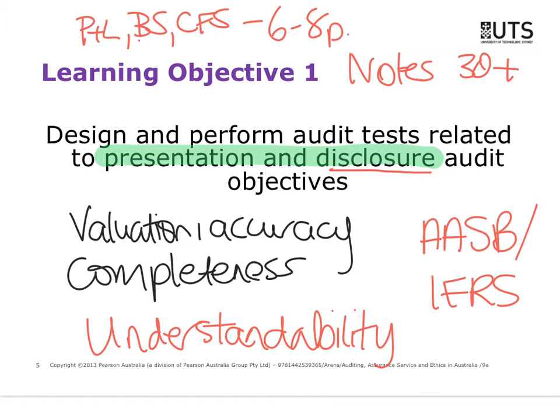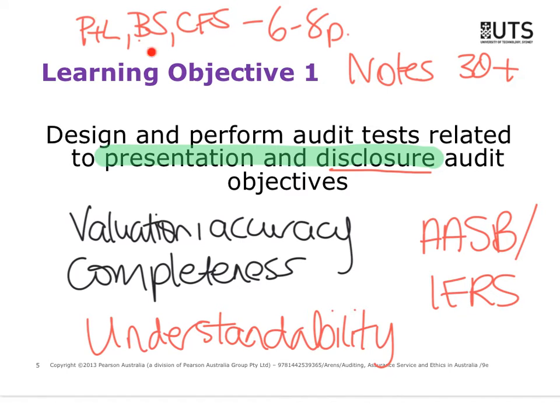Okay? So it's really important that we look at not only these numbers, but we also look at these note disclosures. Okay? That's just as critical when we're evaluating whether the financial statements are free from material misstatement.